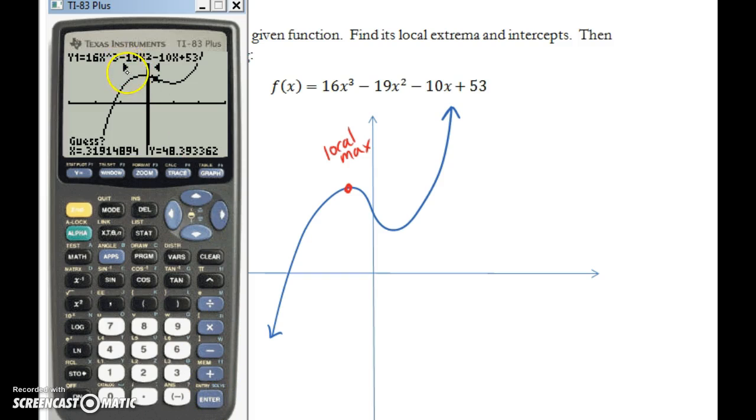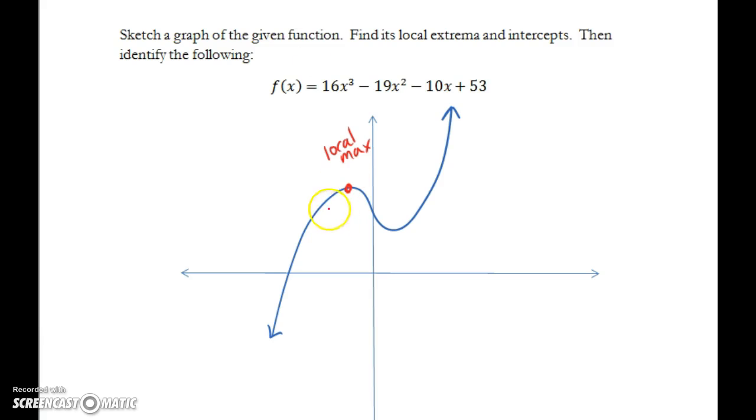And notice you have two little arrows popping up, and your local maximum should fall within those two arrows. When it says guess, you're going to hit enter. And our maximum is at about -0.2, 54.1. So let's indicate that here, -0.2, comma 54.1.